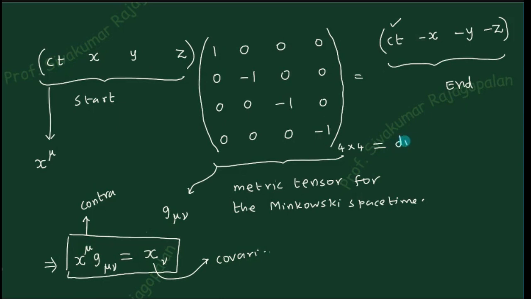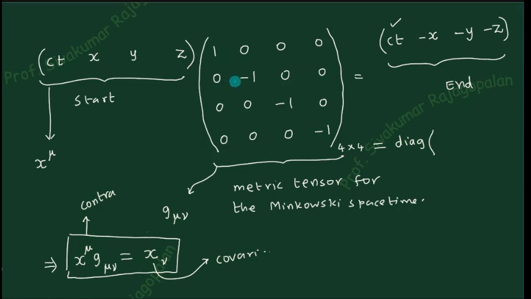What way to write is, interestingly, this is a diagonal matrix. You see this? This matrix is a diagonal matrix. Diagonal matrix means the elements in the diagonal only will be present which are non-zero. It has to be non-zero, at least some of them. Okay, that is very important. If all of them are zero, then it is not a diagonal matrix. That is one condition.